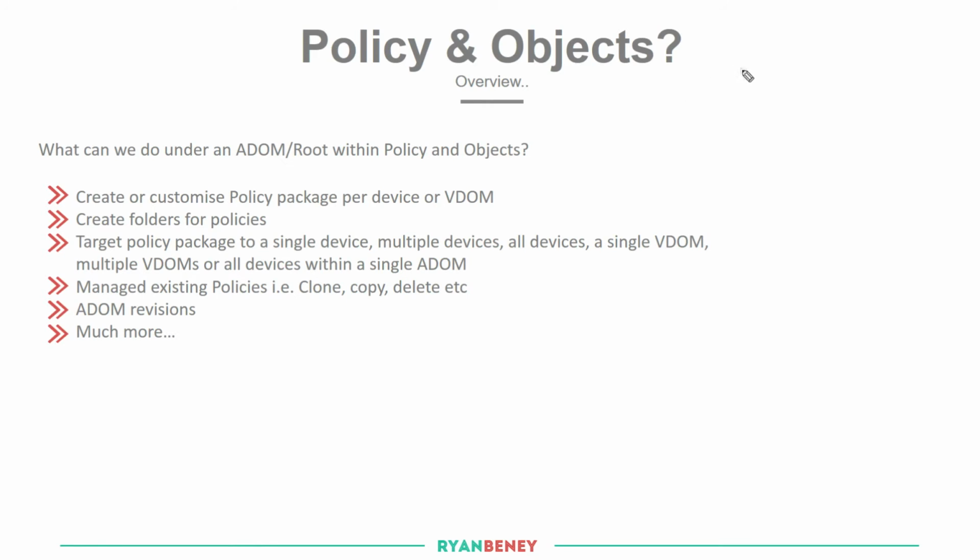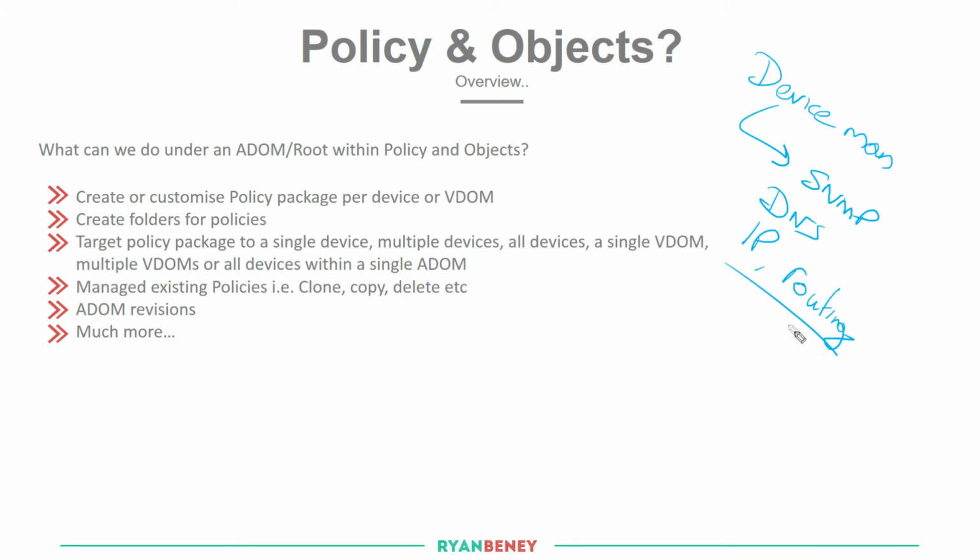So we've talked previously about the device manager, and we said that the device manager is where things like the SNMP settings live, DNS, IP, so where you would set interface, routing and so forth. Moving on, what we're going to have a discussion around is where you're spending most of your day-to-day changes, which would be the policy and objects tab.